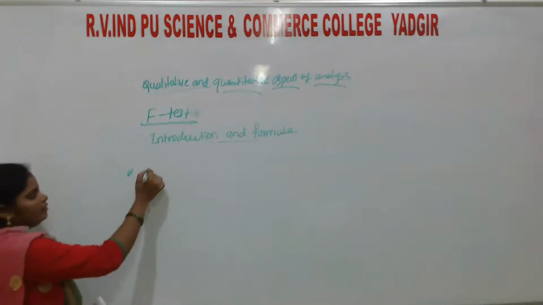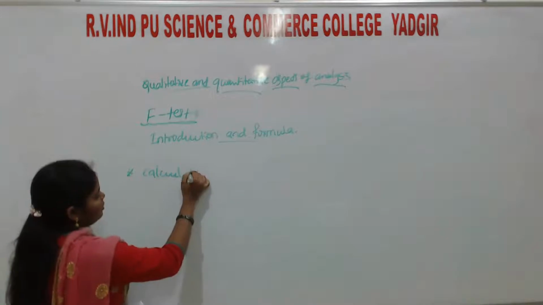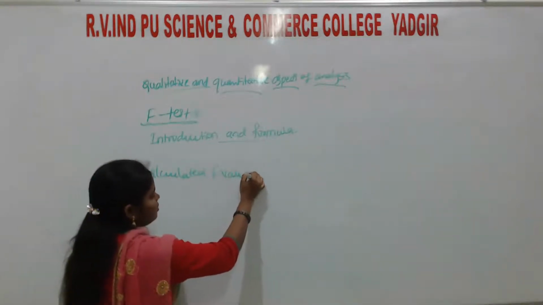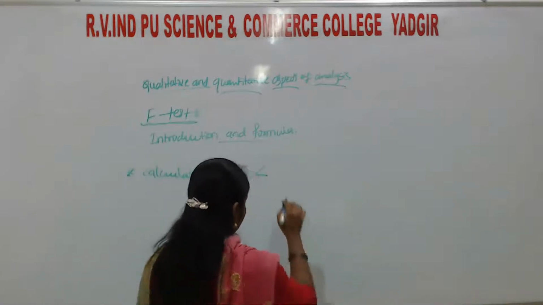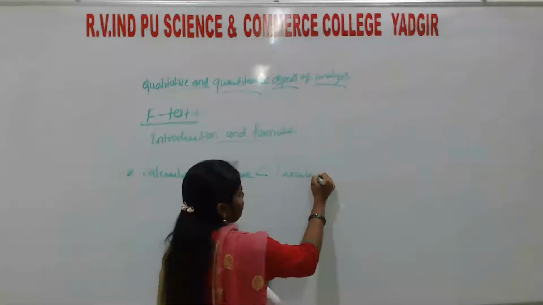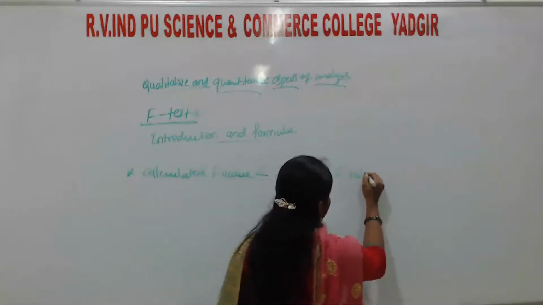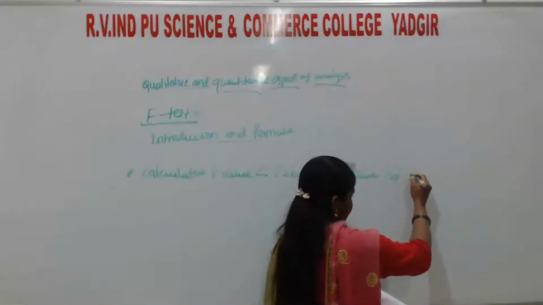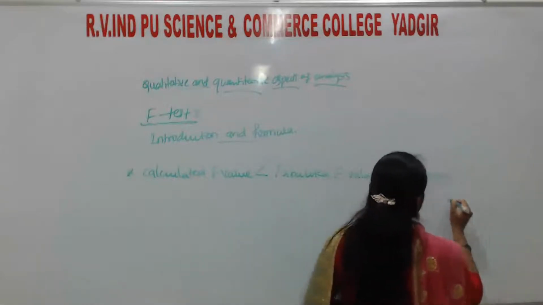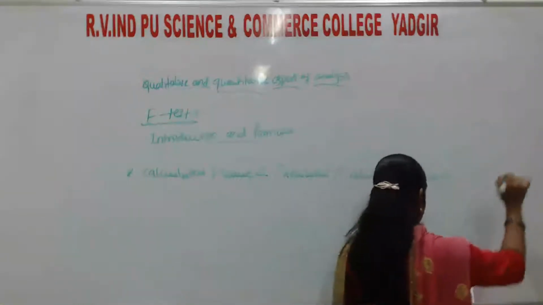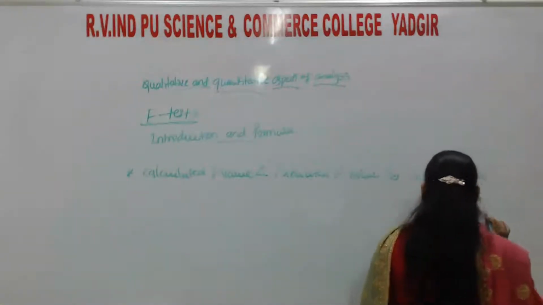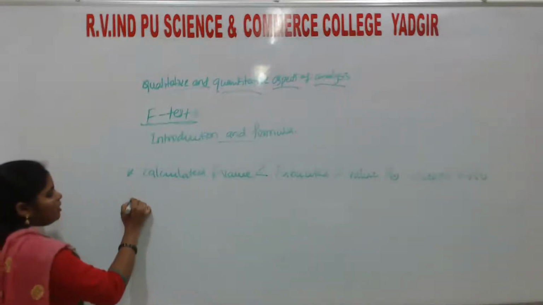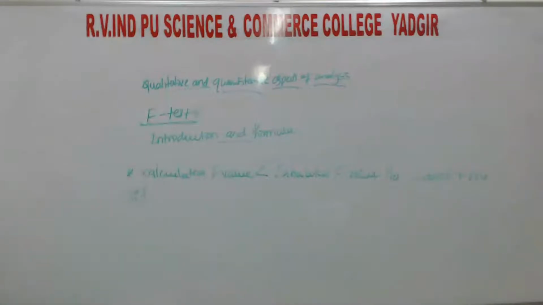If the calculated F value is less than the tabulated F value, the null hypothesis is accepted, and there is no significant difference.